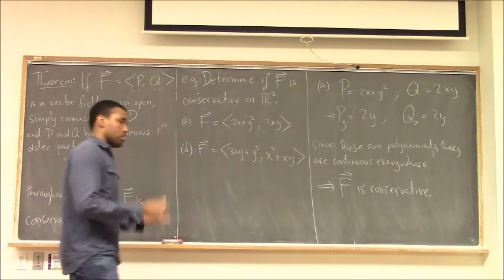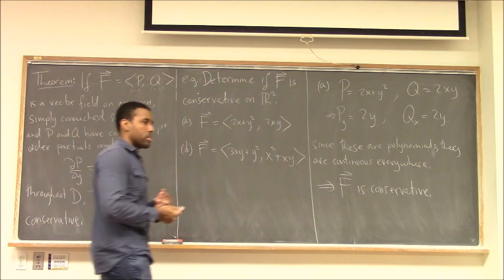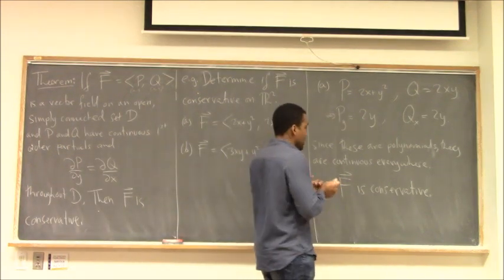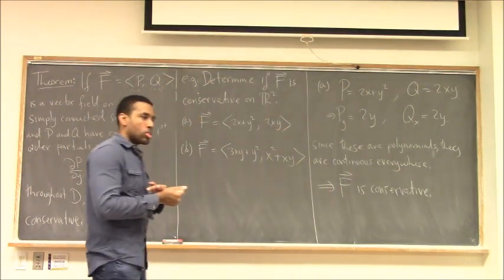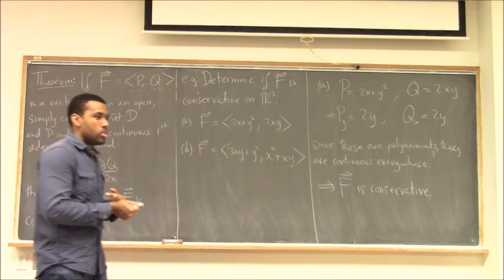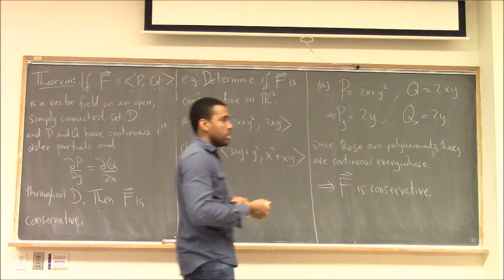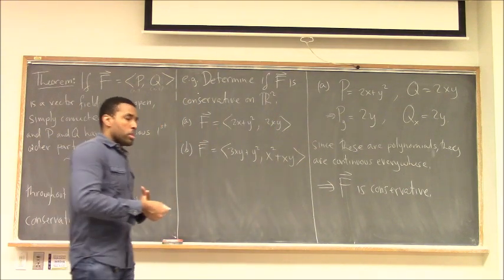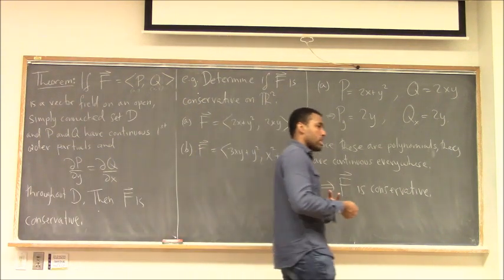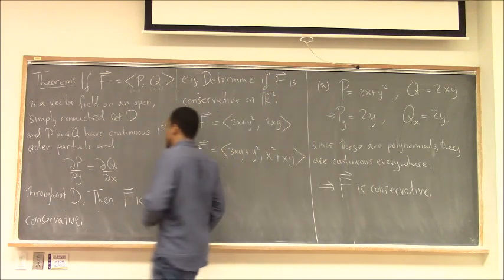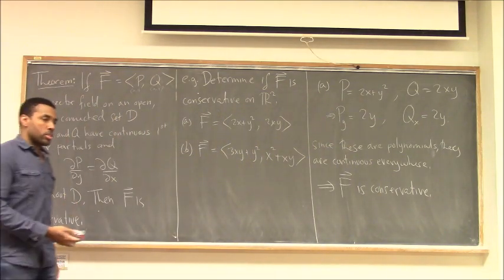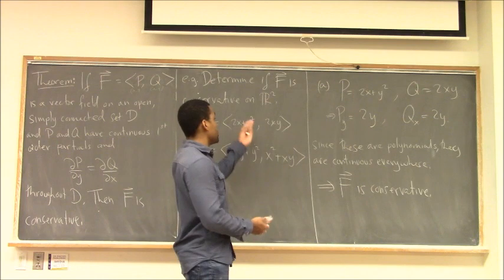That means a bunch of things. It means it's independent of path if I'm doing f dot dr. It means if I integrate it on a closed curve, the answer is going to be 0, so I literally don't have to do anything. It also means that it is the gradient field of some function that we will be able to find, but I didn't really tell you how to find them yet. But that would also mean that the fundamental theorem for line integrals would apply to this function.